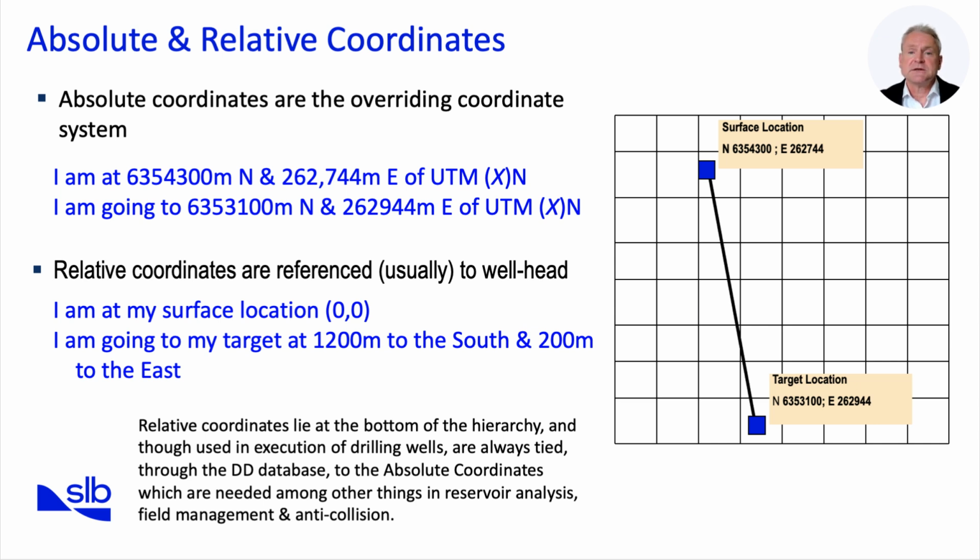The important point is that relative systems must always be tied back to absolute systems. If they're not, data becomes isolated and cannot be shared or checked. In practice, drilling databases maintain this link, ensuring that local measurements connect seamlessly to global reference systems. This allows companies to coordinate operations safely and efficiently.